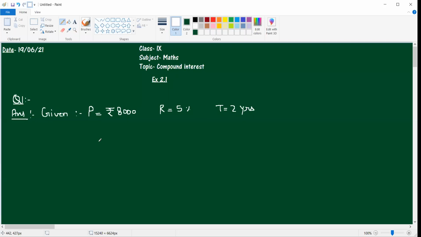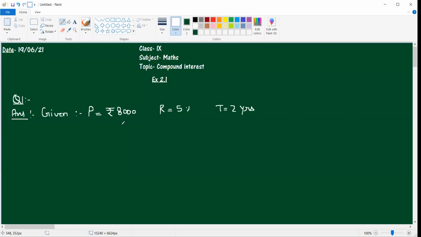I will revise the concept that I've taught you. For the first year, there is no concept of compound interest; there is only simple interest. What makes it compound is that for the second year, the amount received at the end of the first year becomes the principal for the second year.